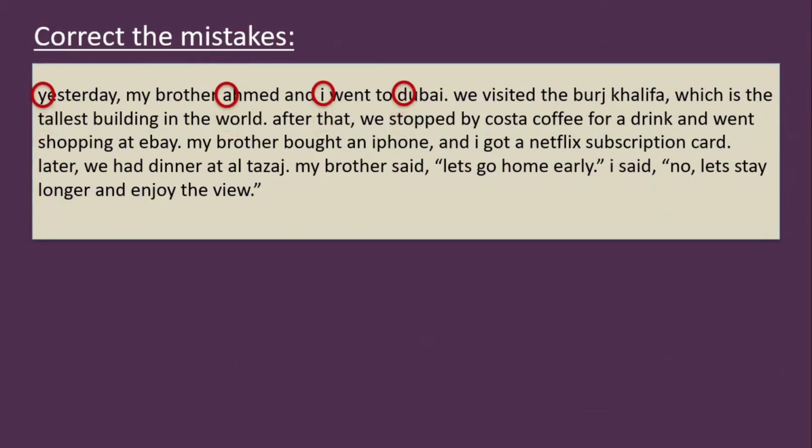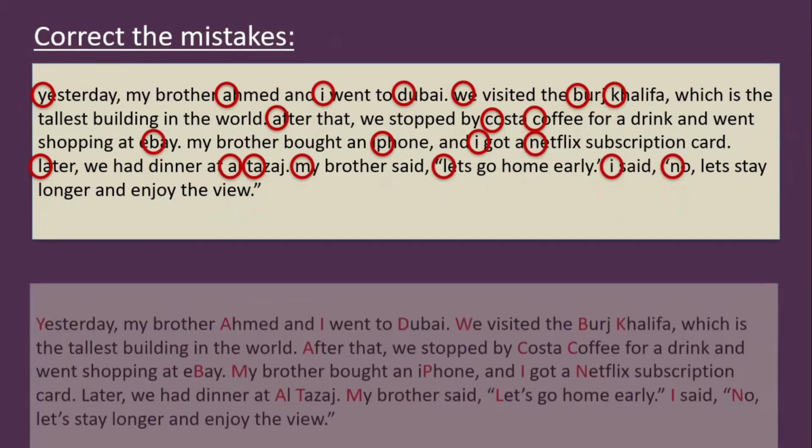The I, the D, the W, the B, the K, A, C, C, B, and P, I, N, L, and then A and T, the M, L, I, N, and that's it.